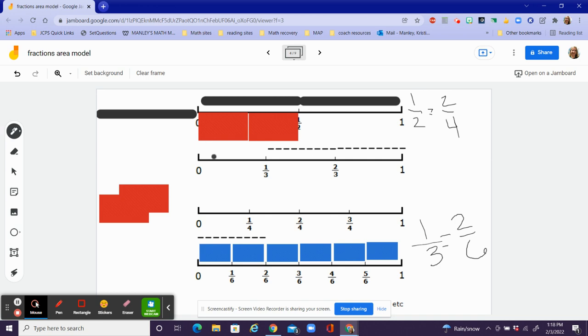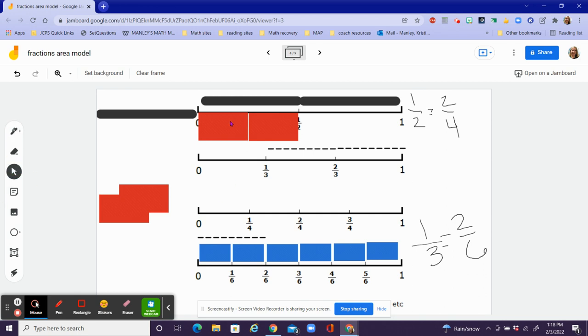So again, with equivalent fractions, you're talking about the same whole, in this case, the same amount of distance, and all you're doing is partitioning it differently to find 2 fractions that talk about the same amount of space. Numerically, they may look different, but the value, the distance, is the same.